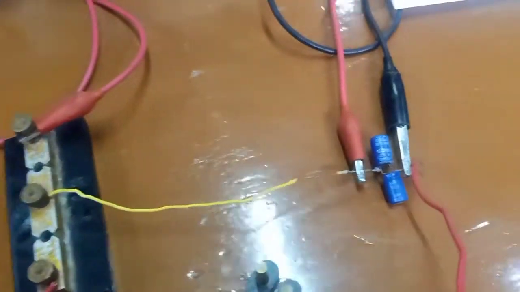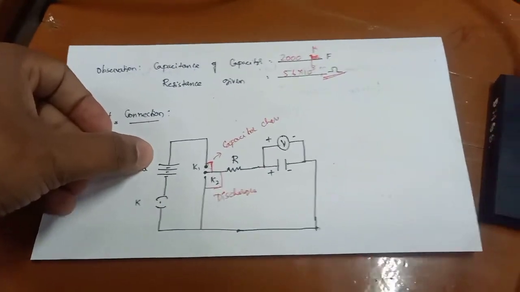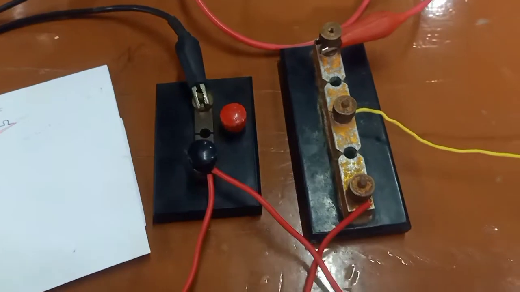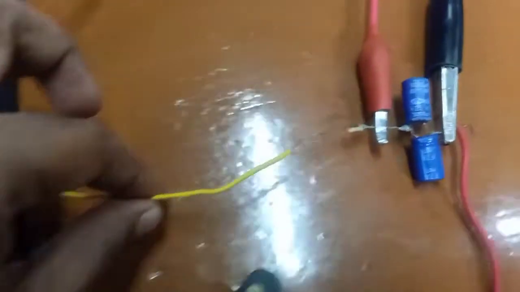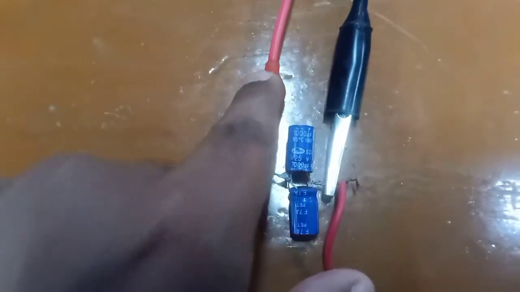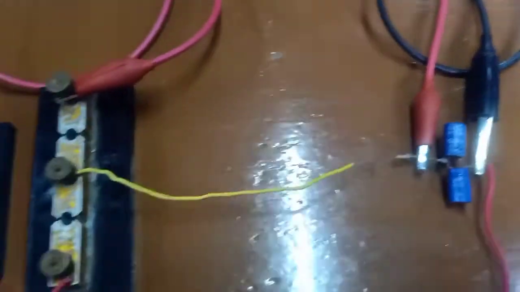Here I have made the connection. From the battery positive to plug key K1, is this one, and the tapping point to resistor R. The junction between the resistor and the capacitor is connected to the voltmeter positive and voltmeter negative.